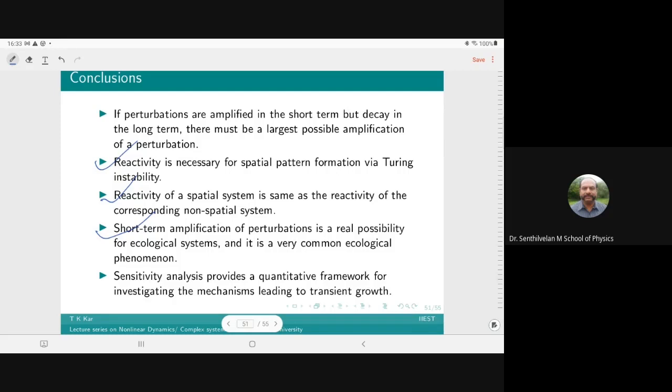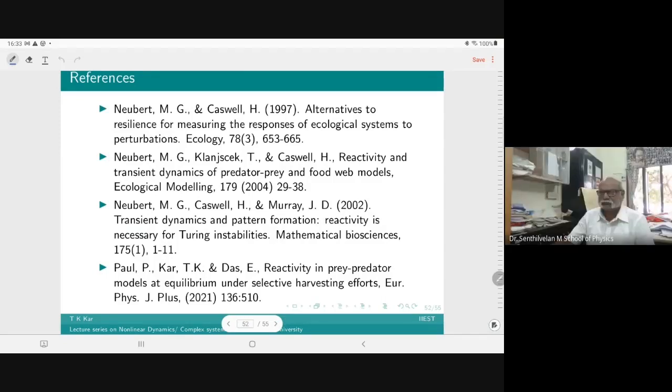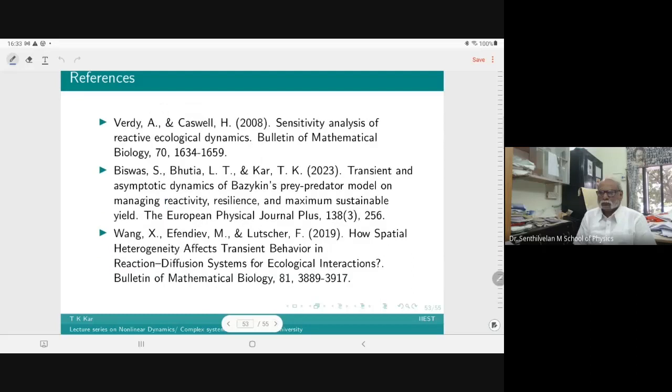So these are some important results, and some possible literature can be the works of Neubert and Caswell. Several papers are there on reactivity and transient dynamics. Some very recent applications can be found by Paul, 2021, European Physical Journal Plus.